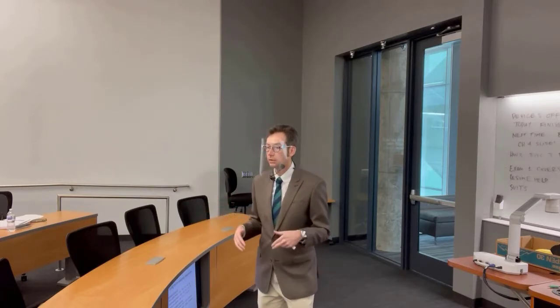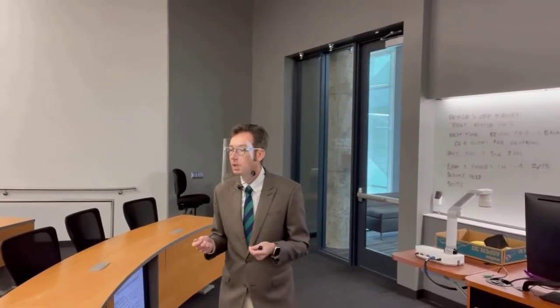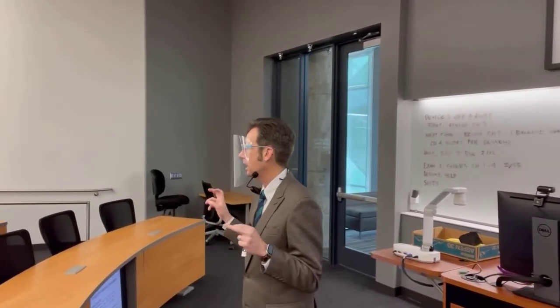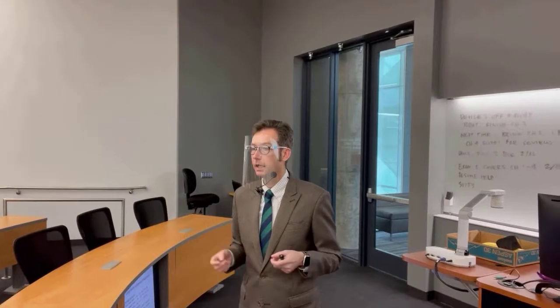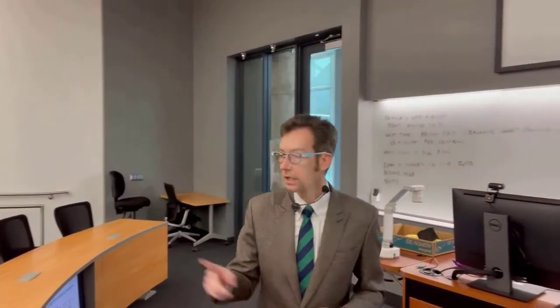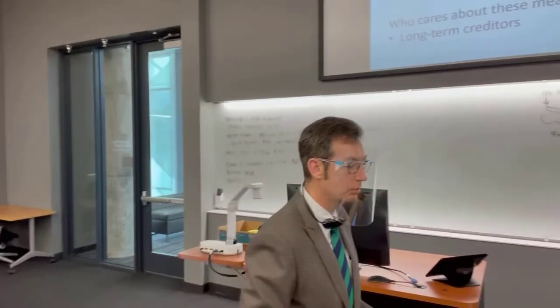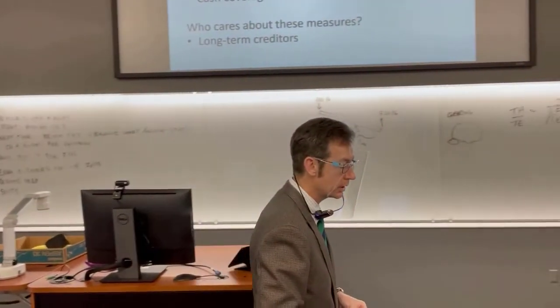You'd always rather loan it to someone who owes no money whatsoever because all of their repayment money can be directed at you. Whereas if they've got a bunch of other debt, they have to split it up among a bunch of people and there may not be enough, right?